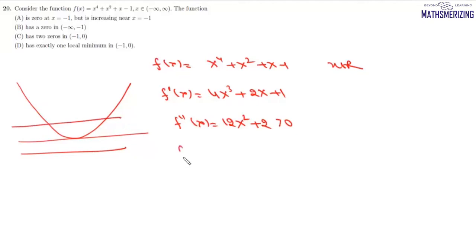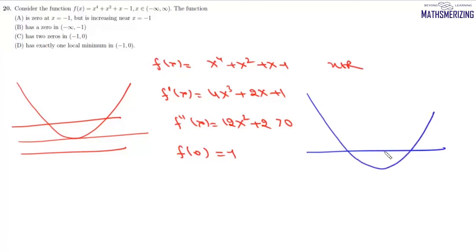Now if we find the value at 0, it is -1. That means this function takes a negative value. So from here we can conclude that the graph of this function will intersect the x-axis at 2 points.